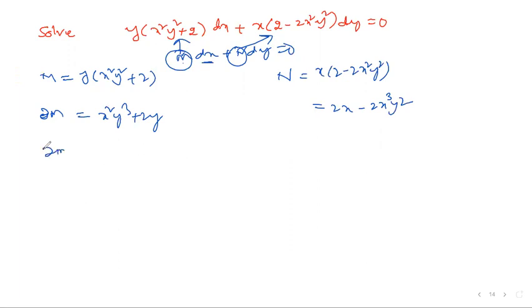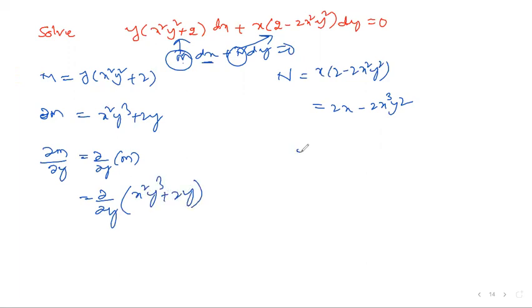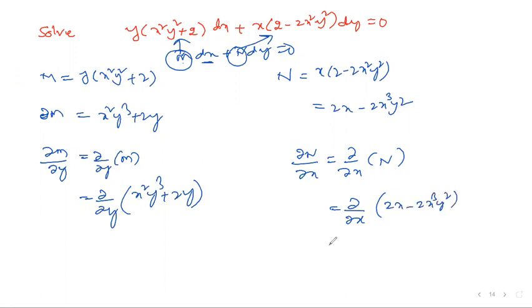So ∂M/∂y means ∂/∂y of M, where M is equal to x²y³ + 2y. Next, find ∂N/∂x, that is ∂/∂x of N, where N is equal to 2x − 2x³y².